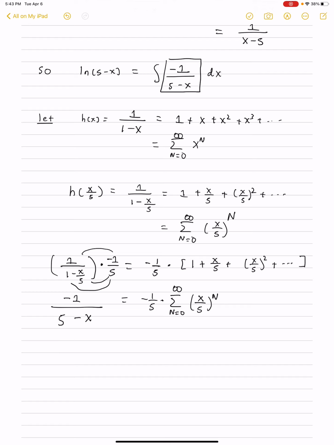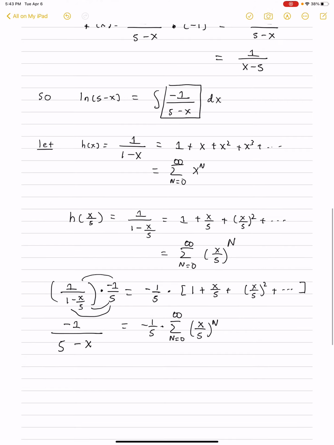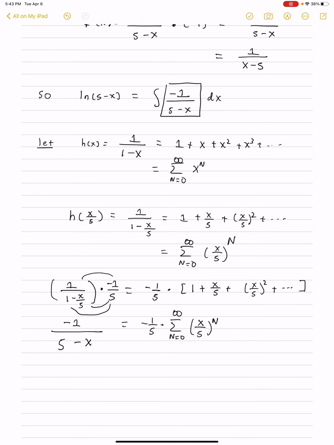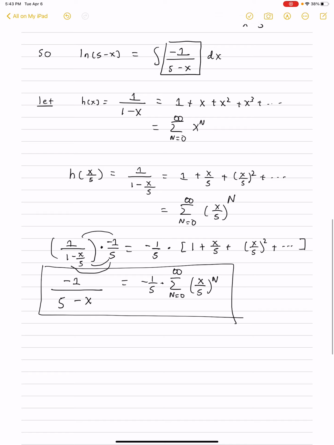So I have minus 1 over 5 minus x, and I have the series representation of this. Great. So now you're going to tell me that ln of 5 minus x is equal to the integral of minus 1 over 5 minus x dx.